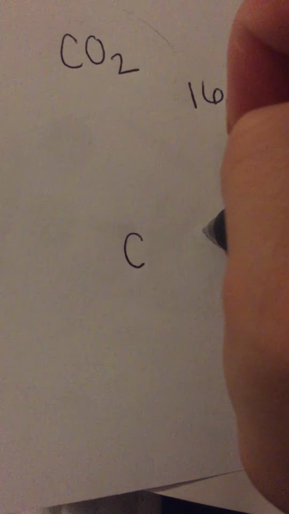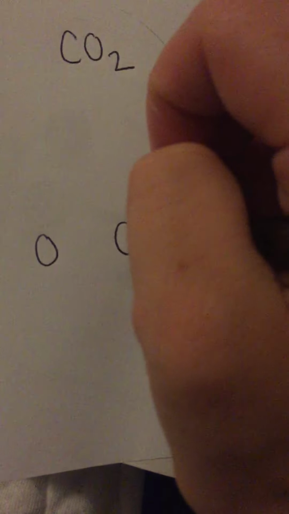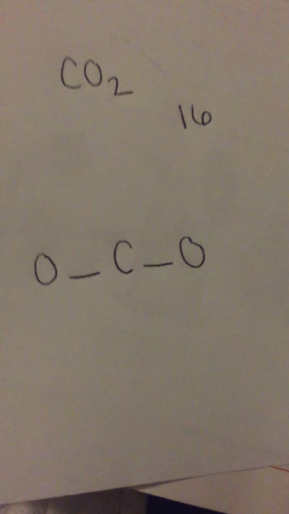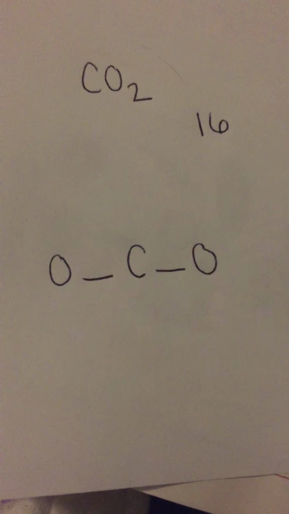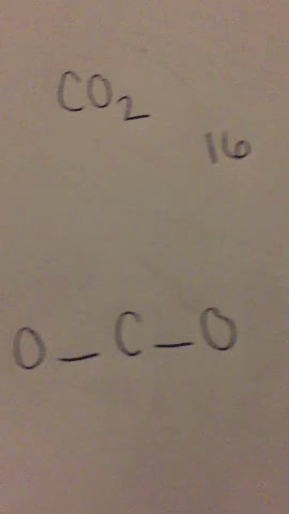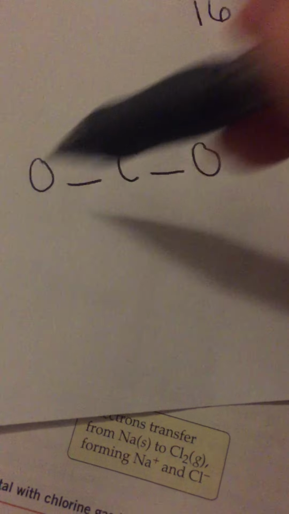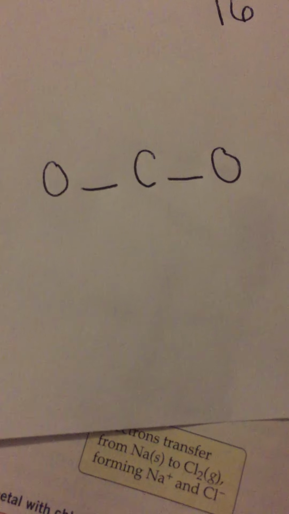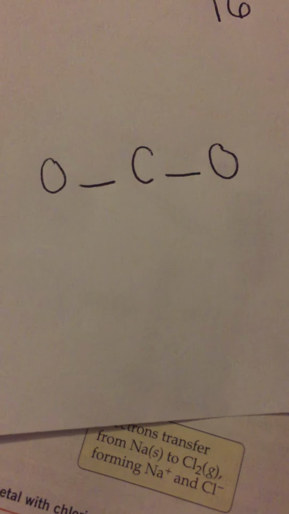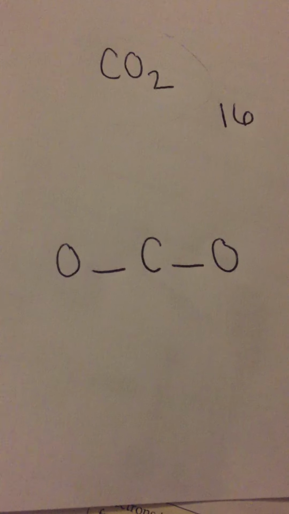So we will begin getting the symbols again. Now we'll begin by seeing, can we just do a simple single bond? We do know that the 2 oxygens had 6 valence electrons.